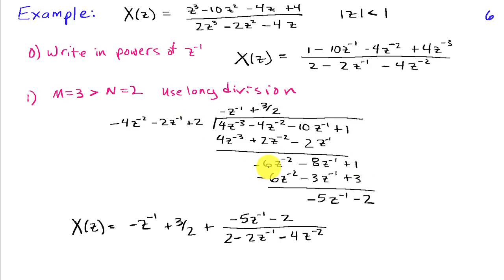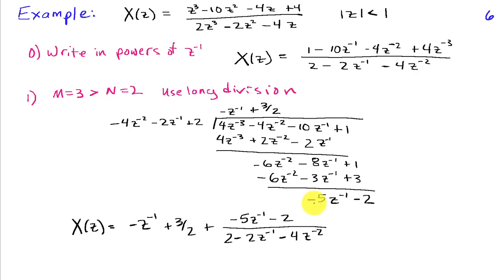And to cancel out the negative 6z to the minus 2, I need to multiply this coefficient, negative 4z to the minus 2, by 3/2. And if I multiply this entire polynomial here by 3/2, I obtain negative 6z to the minus 2 minus 3z inverse plus 3. When I subtract these two, I get negative 5z inverse minus 2.